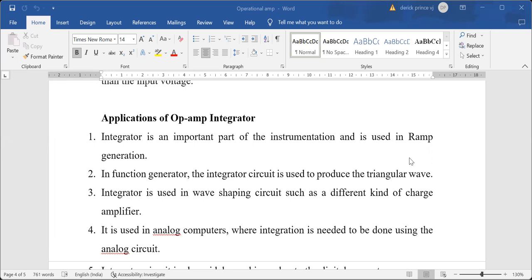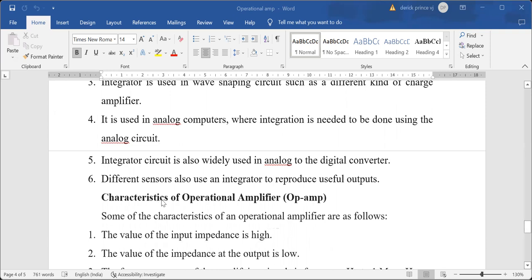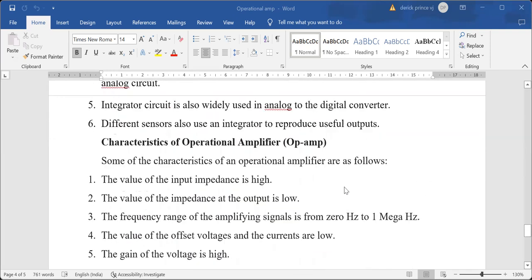It is used in wave shaping circuits and different kinds of charge amplifiers. It is used in analog computers where integration needs to be done using an analog circuit. The integrator circuit is also widely used in analog-to-digital converters. Different sensors also use an integrator to reproduce useful outputs. So these are the applications of op-amp.